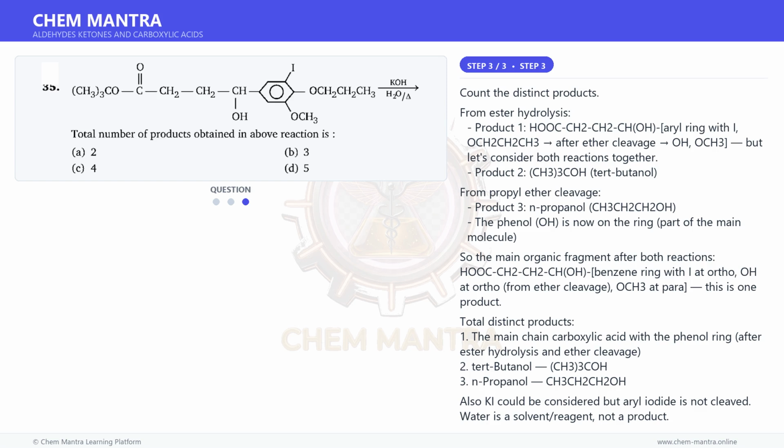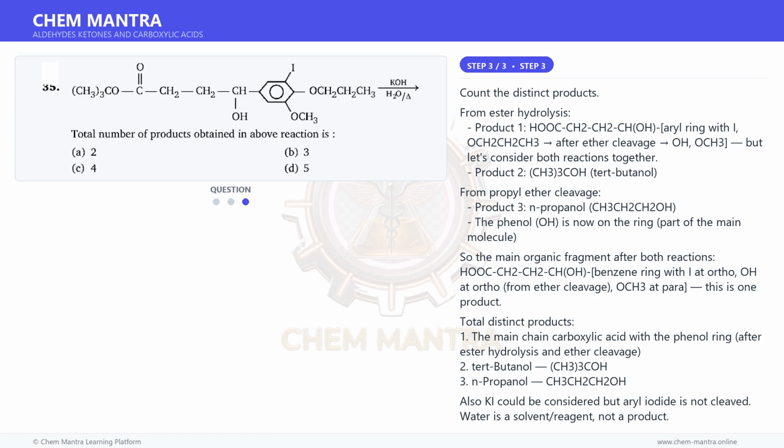And for the final step, count the distinct products. From ester hydrolysis, Product 1, the chain carboxylic acid attached to the aryl ring with I, OCH2CH2CH3 after ether cleavage or OCH3, but let's consider both reactions together. Product 2, (CH3)3COH, tert-butanol.